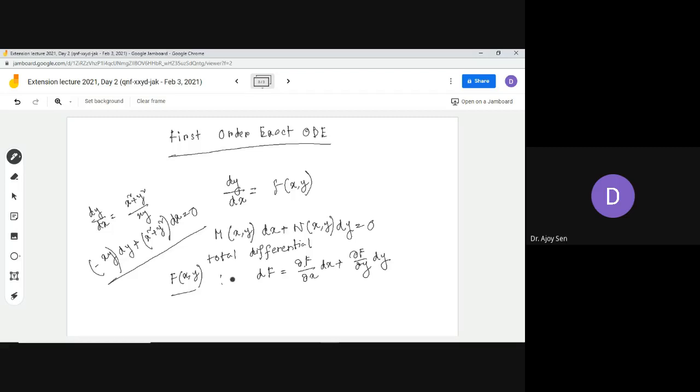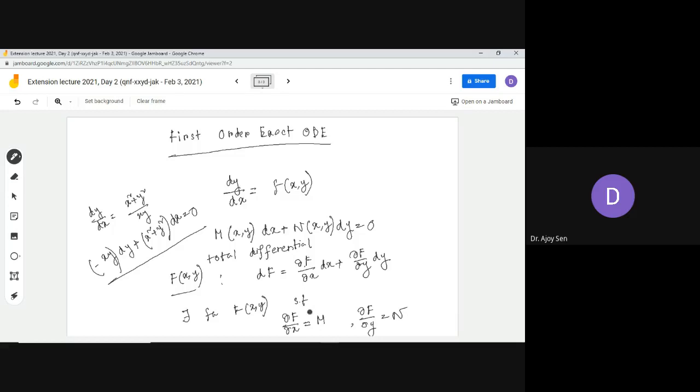By exactness of a differential equation of this form, we mean there exists a function f such that del f del x equals M, and del f del y equals N.